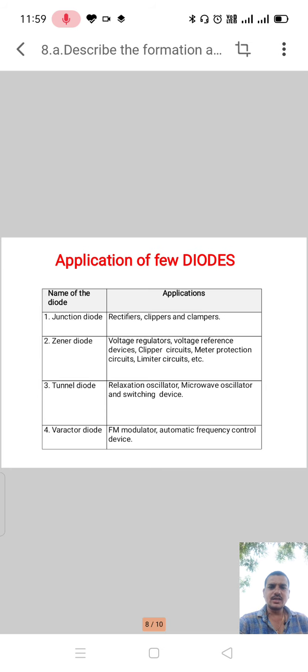Varactor diodes are used in FM modulator, automatic frequency control devices. These are the 4 types of diodes and their own applications.